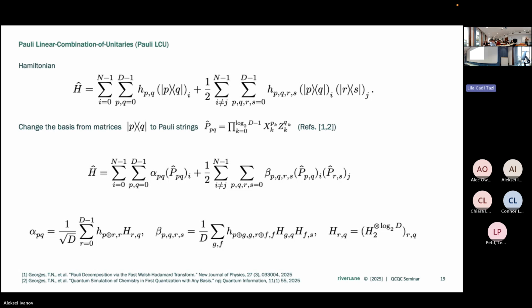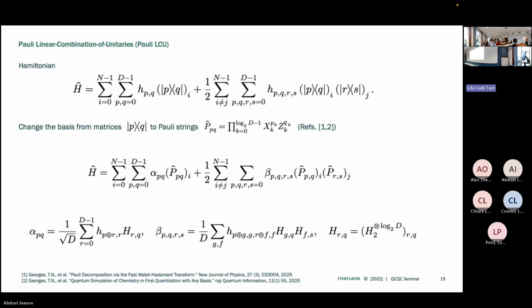When we were looking in the literature, we realized that in the first quantization we didn't have such a mapping. So the first step was to come up with this Pauli LCU decomposition in the first quantization. How you do this is quite simple. You look at this matrix. As I said, they form a basis in a space of matrices, but Pauli matrices also form a basis in a space of matrices.